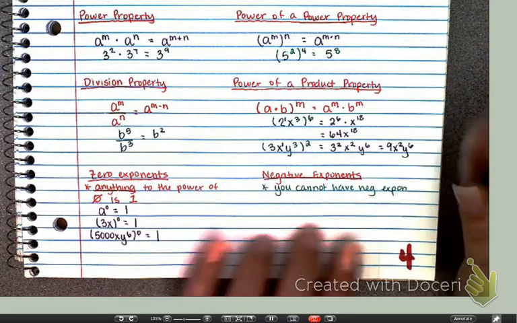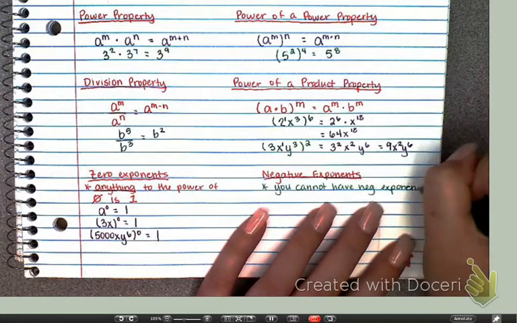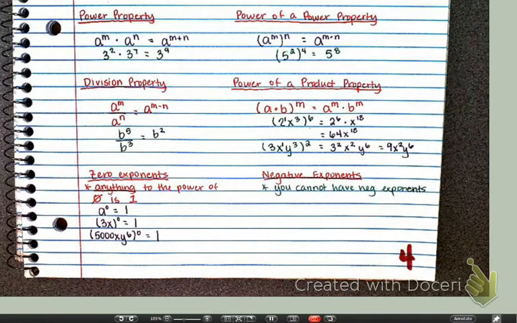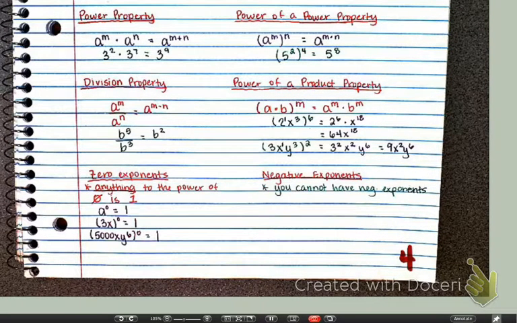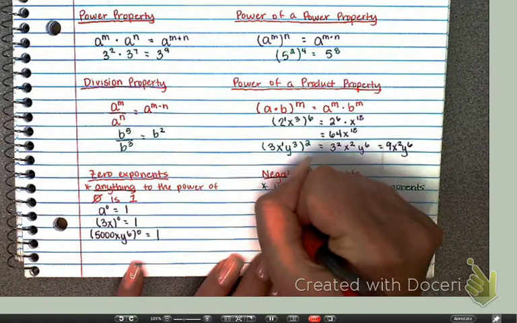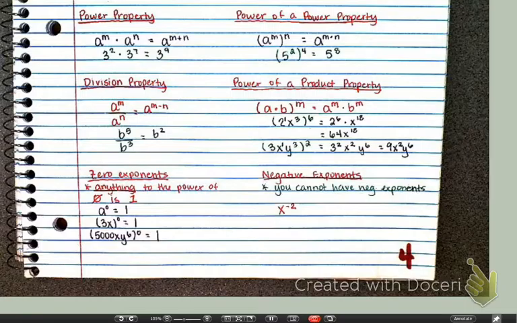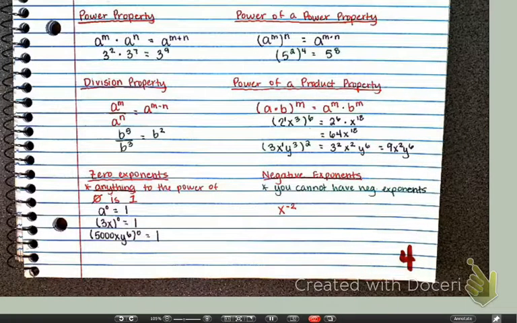We're not changing it to a 0. You don't get to just change things to 0 to make it all go away and turn to 1. That's not how it works. Okay, but you cannot have negative exponents. So, if you do, for instance, if I give you x to the negative 2, we're going to use the reciprocal to make it positive.